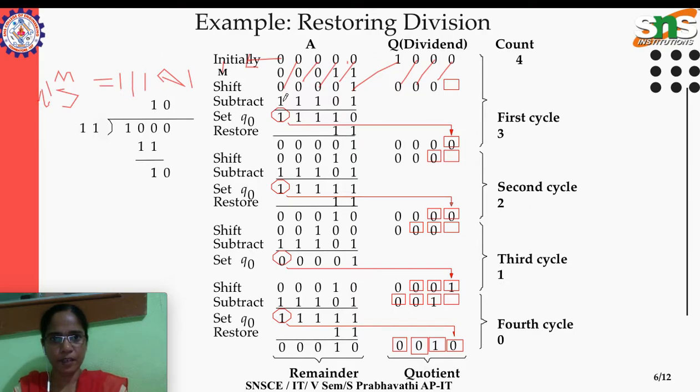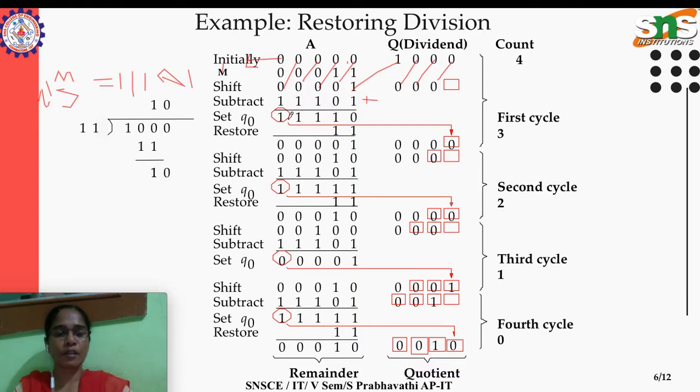See here, 1 1 1 0 1, and you need to perform addition. After taking the 2's complement you do addition, which is equivalent to subtracting M from the A register. When we do addition, 1 plus 1 is 0 and carry 1, so that is 1 here. Then 0 plus 1 is 1, 0 plus 1 is 1, 0 plus 1 is 1.